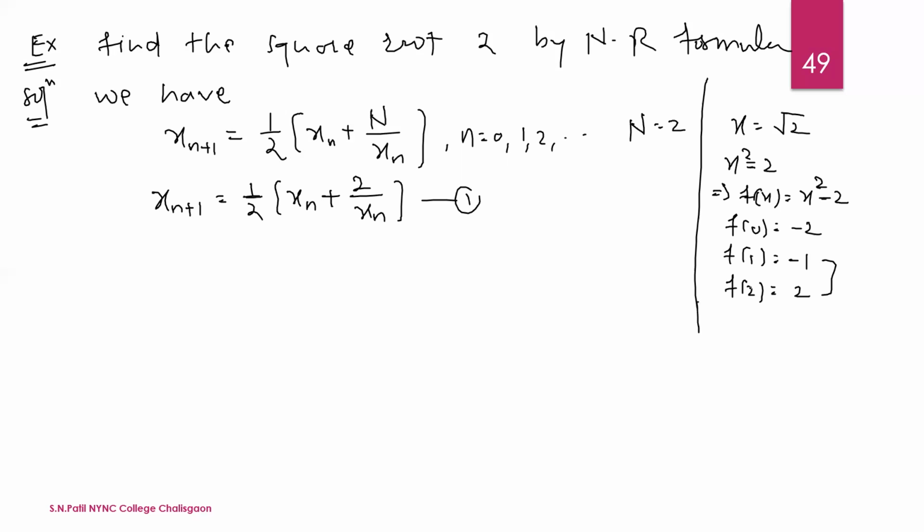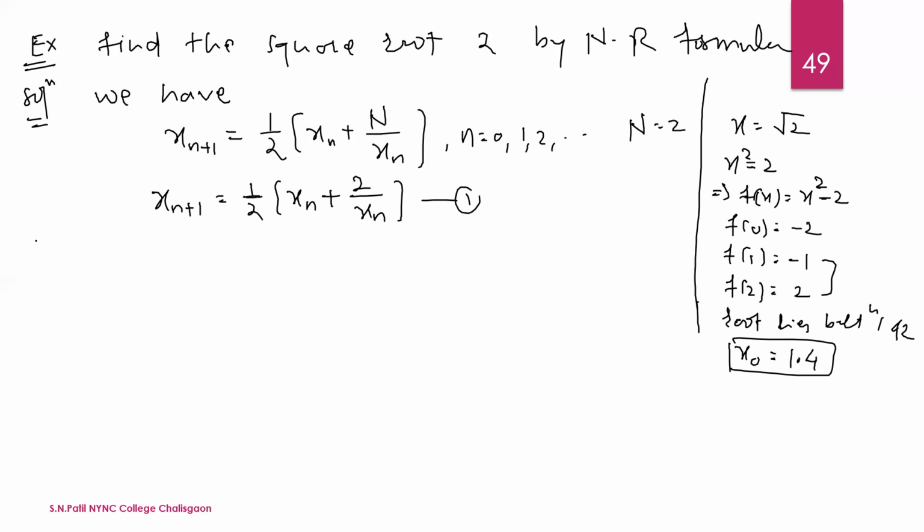That is, the root lies between 1 and 2. Okay, so here we select x naught as 1 point something. I am selecting the nearest value, x naught is equal to 1.4.